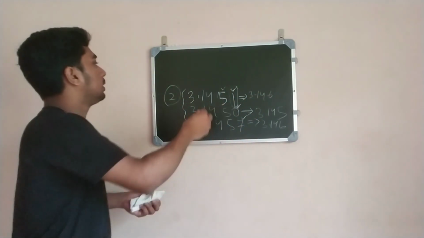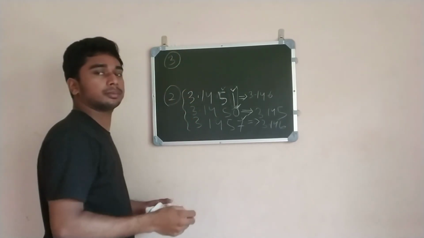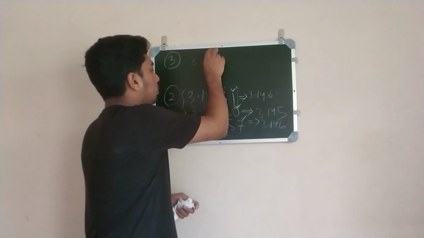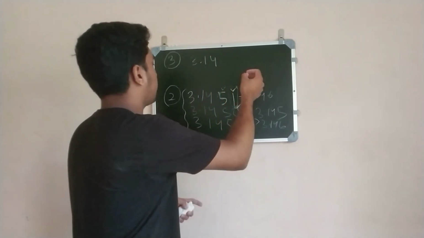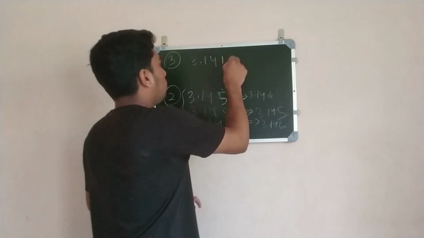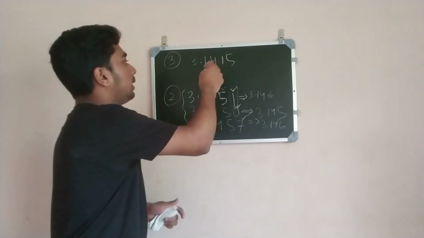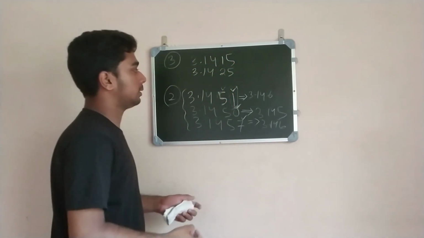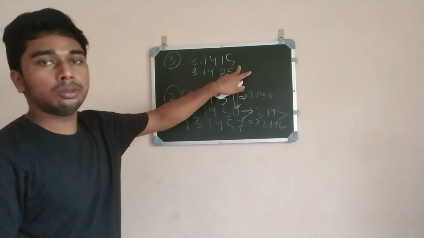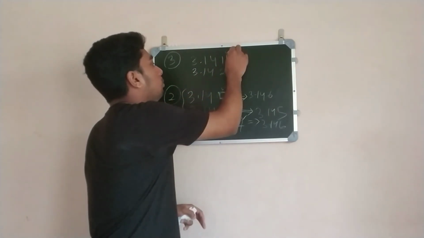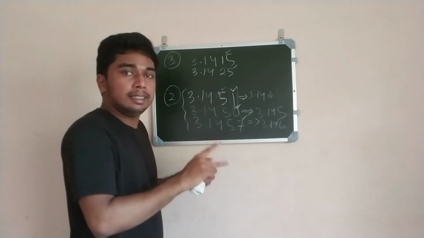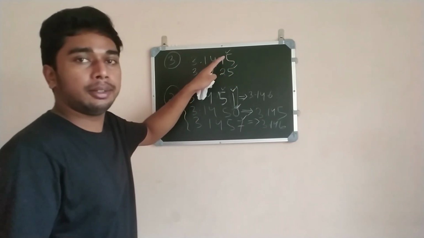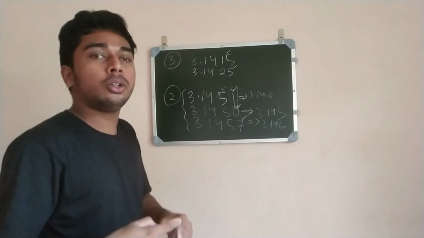In the third case, suppose I have the numbers 3.1415 and 3.1425. So here I want to round up the 5 itself. But in this case, you have to remember whether the digit just before 5 is even or odd.